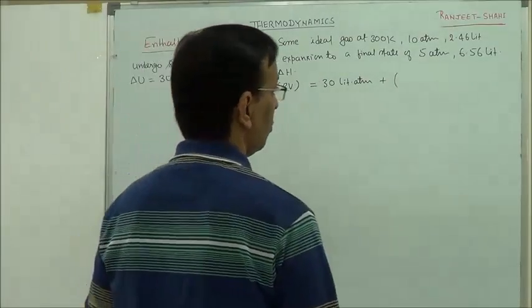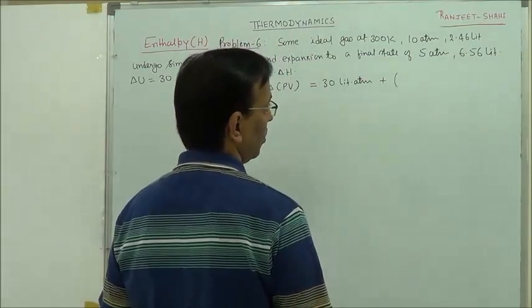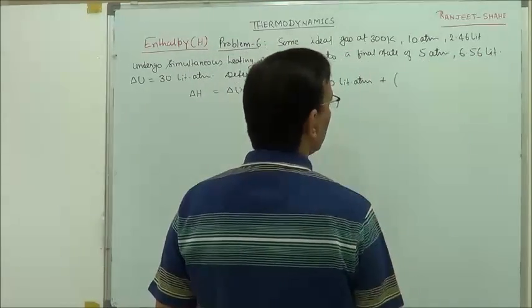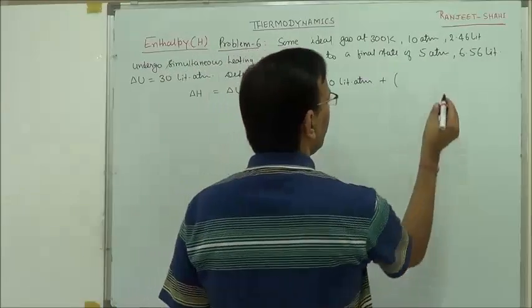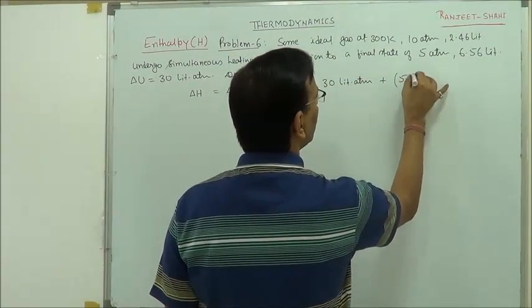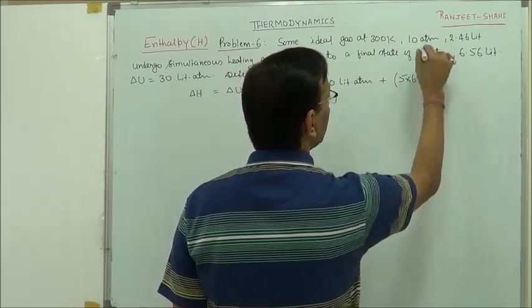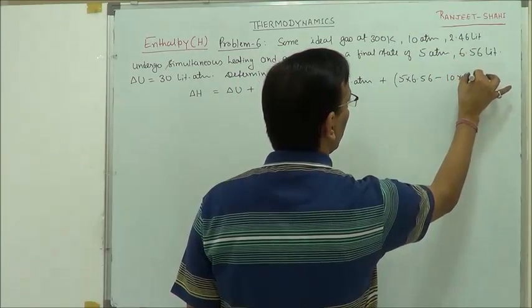P2 V2 is 5 into 6.56 minus P1 V1, 10 into 2.46.